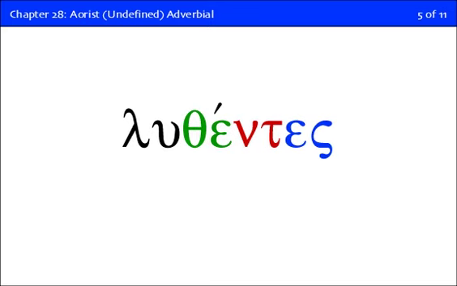Luthentes. What's that? Right. Now you're in an aorist passive. You have the tense formative, although what's happened to the tense formative? Yeah, the eta has shortened to an epsilon. It's just ablaut. This is just what we learned in chapter 7. Logos, logu, logo, where the omicron lengthens to an omega. All that ablaut says that in Greek, vowels can lengthen, they can shorten, and they can drop out. So, again, you have no augment.